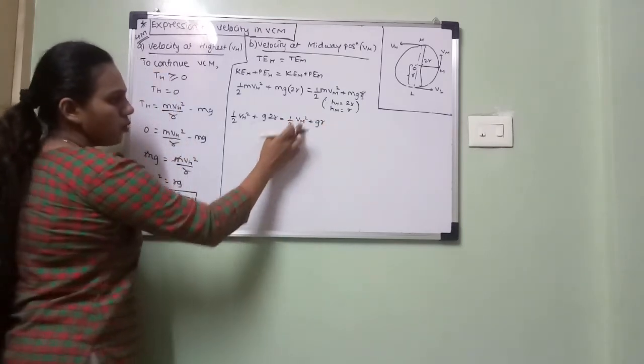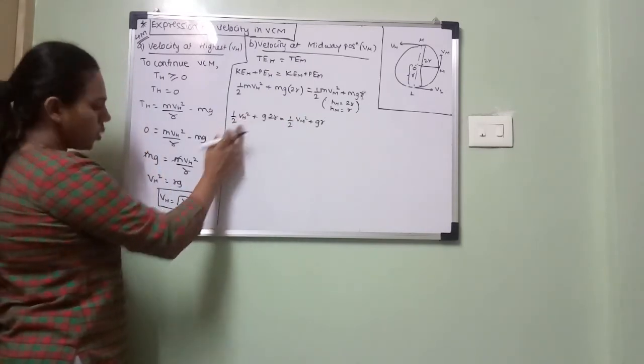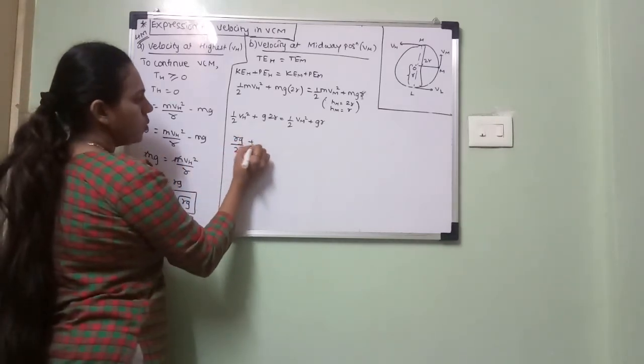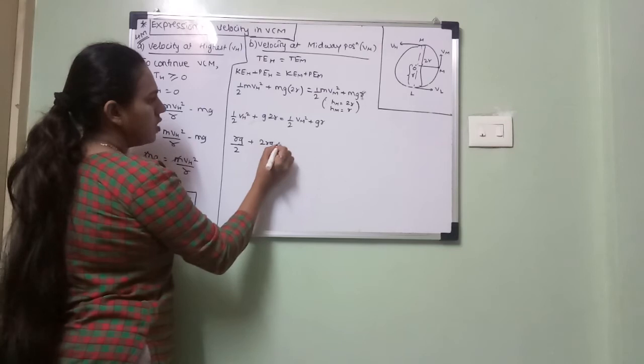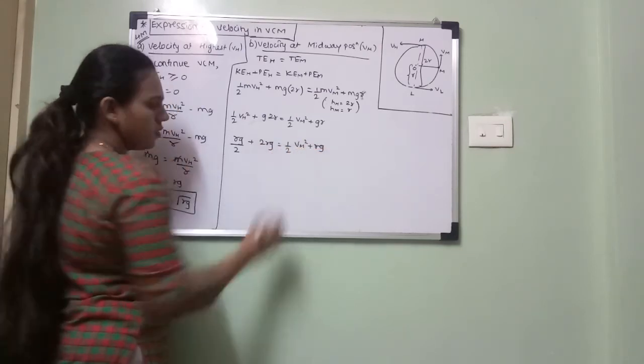You want to calculate what? Vm square. Substitute vh square. What is vh square? Nothing but rg. So rg by 2 plus 2rg is equal to half Vm square plus Rg, right?